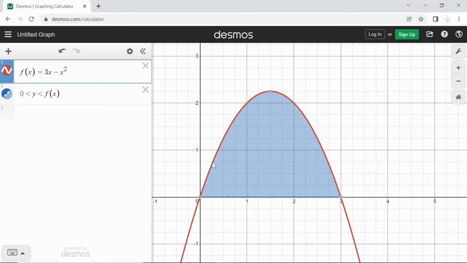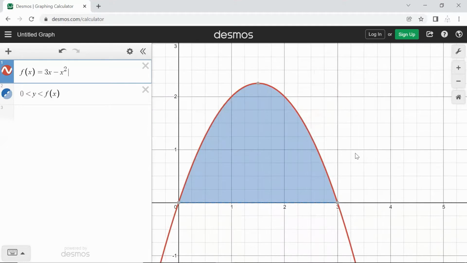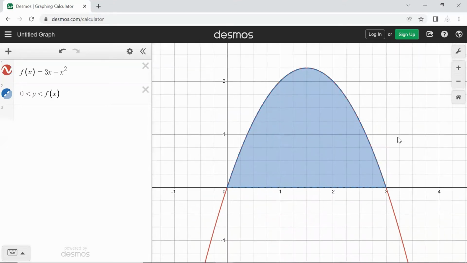If I were to try to use geometry to get an exact answer, it'd be really tough because of the curvature of this curve. Because I don't have straight lines, or a geometrical figure that I know off the top of my head, it's very difficult to understand where and how to use some geometry formula here.